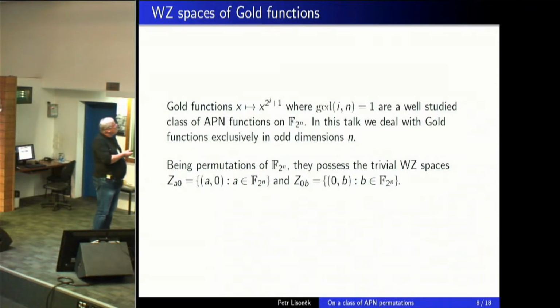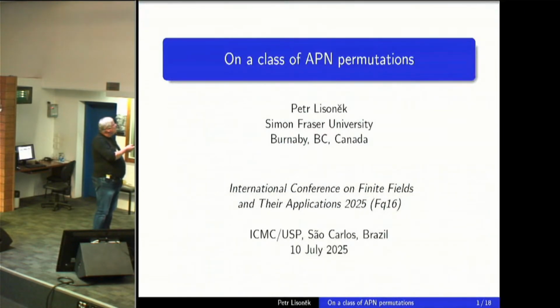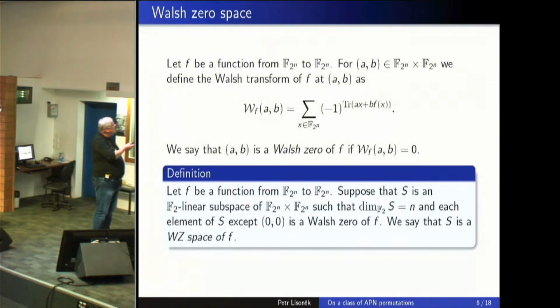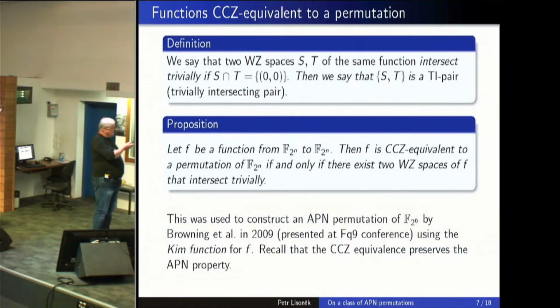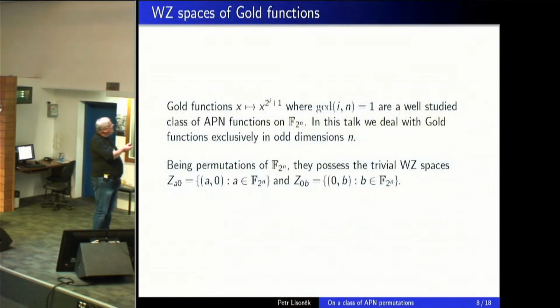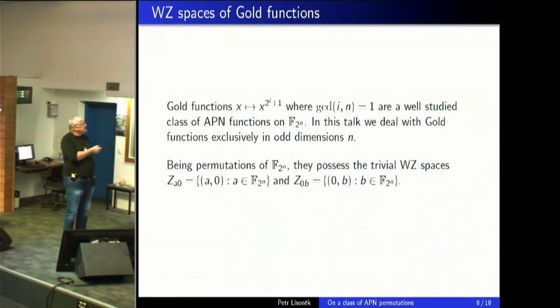The Z0A is a WZ space of all functions. Any function will have that WZ space, and the Z0B characterizes a permutation.